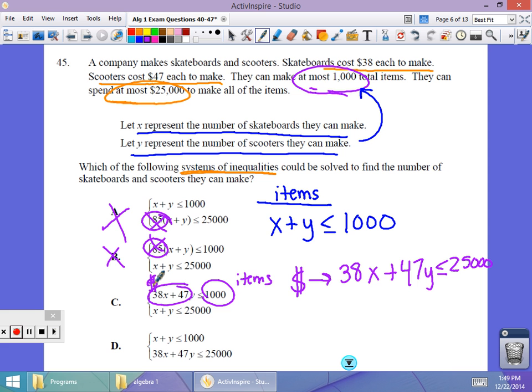We need to make sure we keep our constraints consistent. So if you're talking about items, keep both the left and right side with items. If you're talking about money, both the numbers need to coincide with the money. So C is not correct. The answer is D because it looks exactly like the 2 inequalities that we just came up with.